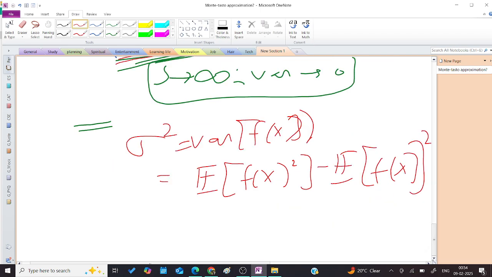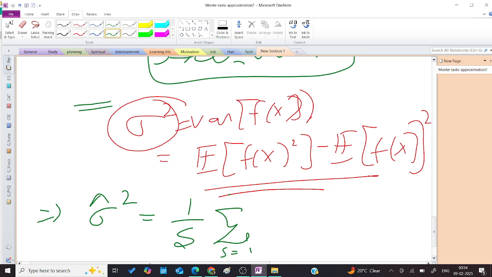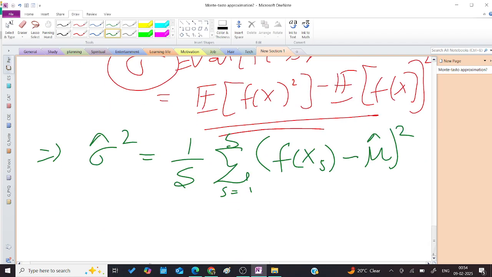But the thing is, you cannot find this exactly. So if you approximate the variance using Monte Carlo, the formula will become 1 by S, sum over s of (f(xs) minus mu hat) whole square.